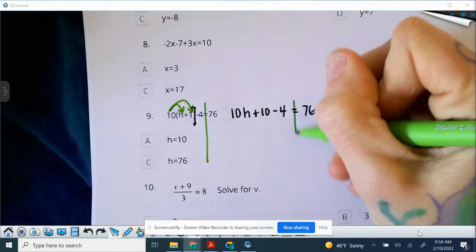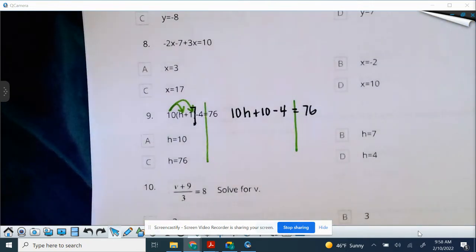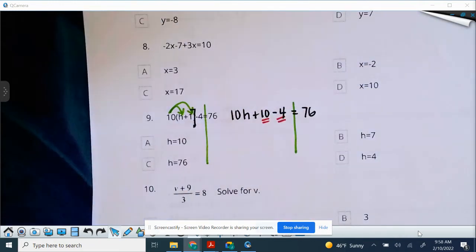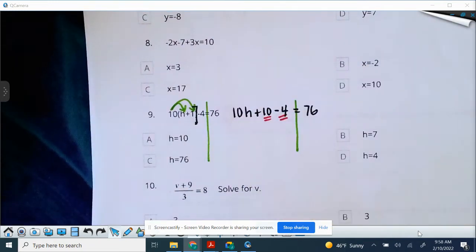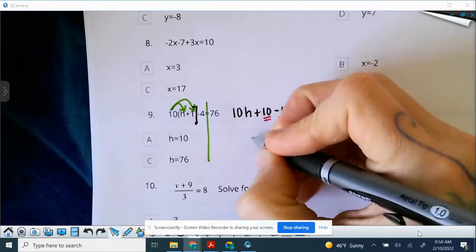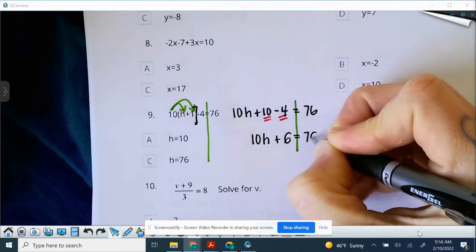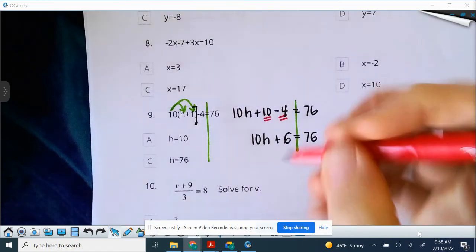So new great divide. Clean up, so check both sides first for what you combine like terms. That positive 10 and negative 4 are both constants. So I can clean those up to get 6. 10H plus 6 equals 76. 10H is who we're trying to solve for.